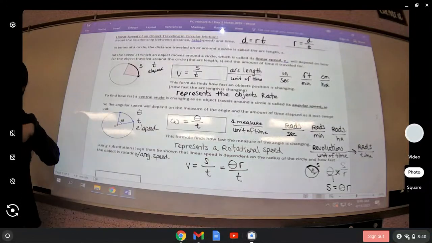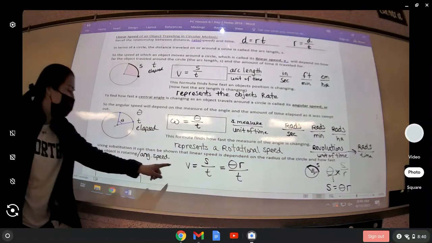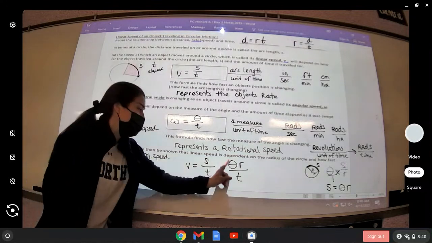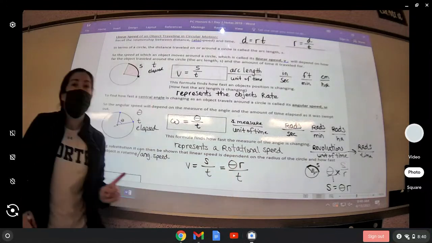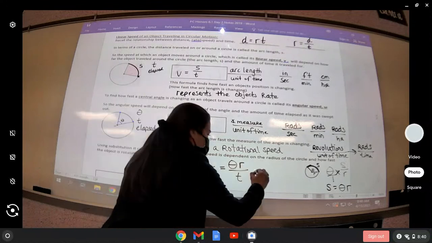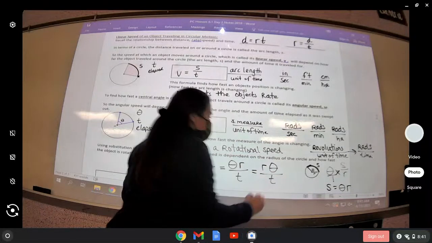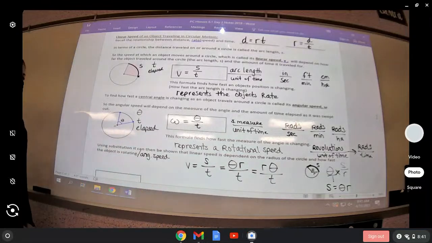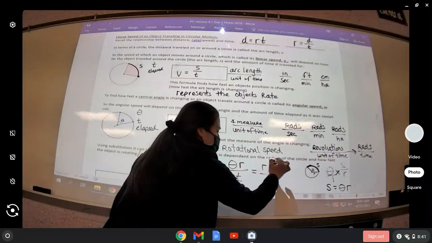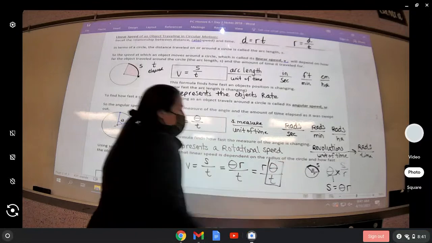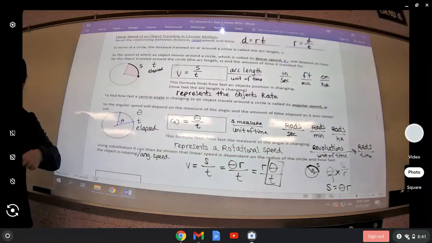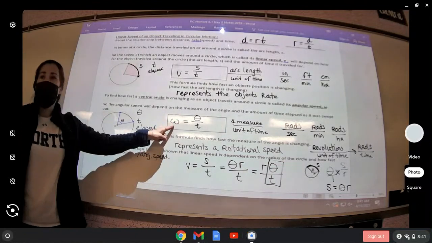So now instead of the arc length divided by time, we're saying that the linear speed is equal to theta times radius divided by time. Well, let me just rewrite this as r times theta over t. Just switch the order. Well, now, guys, look at this. Theta divided by time is omega.